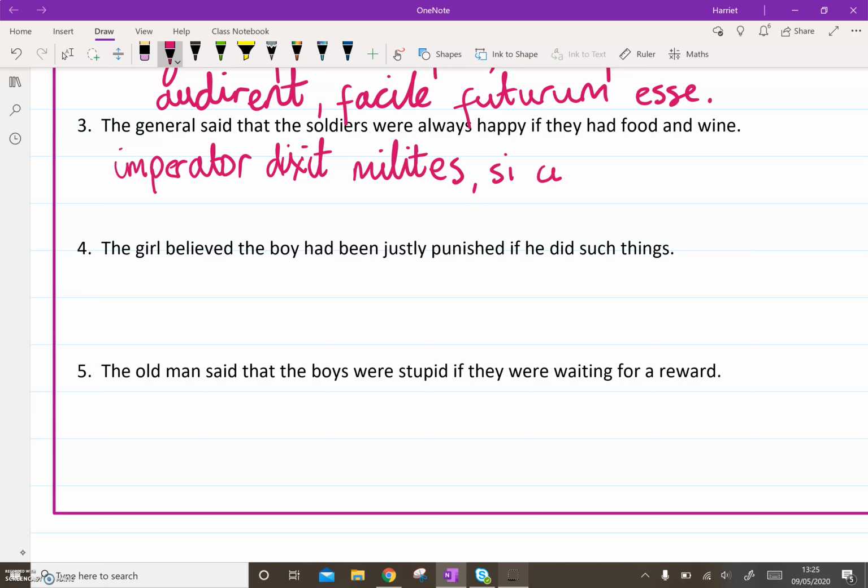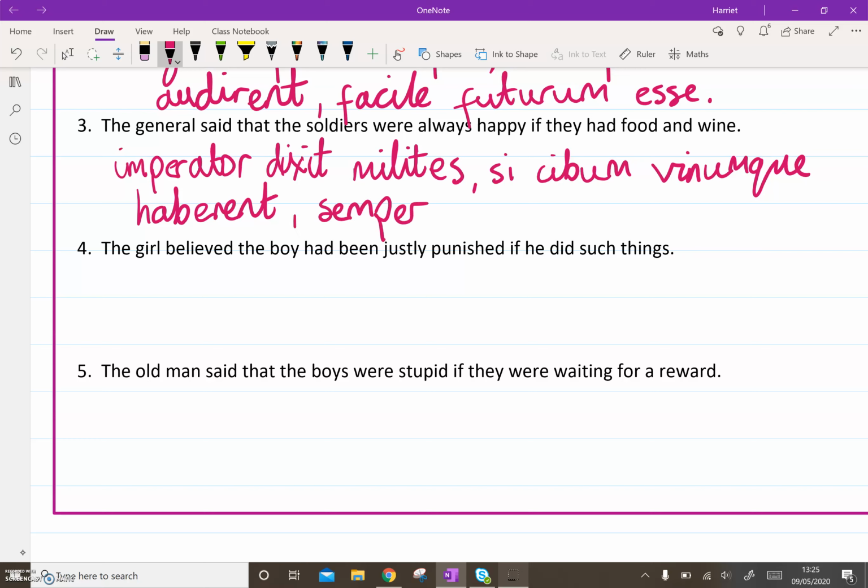Si cibum vinumque, it's got to be historic, so haberent semper laetos esse, because they're happy and they've got food and wine at the same time. It isn't a completed action, so it's imperfect subjunctive.